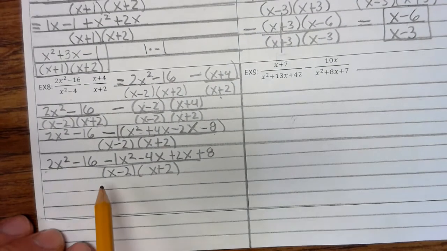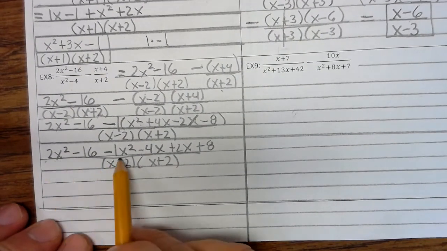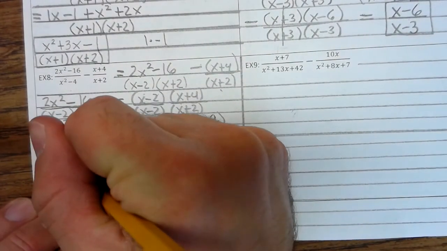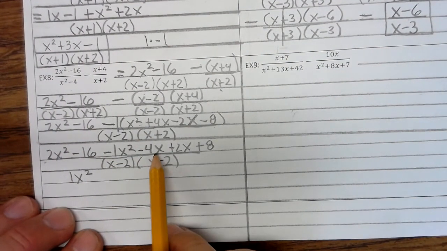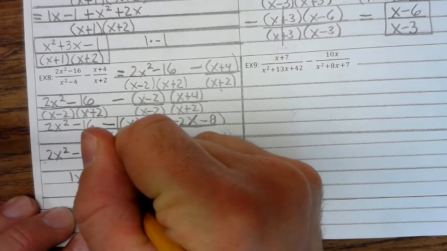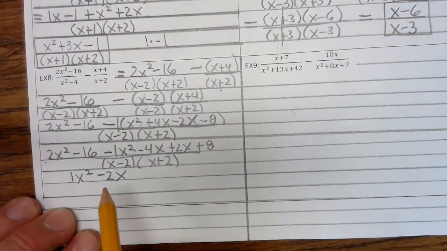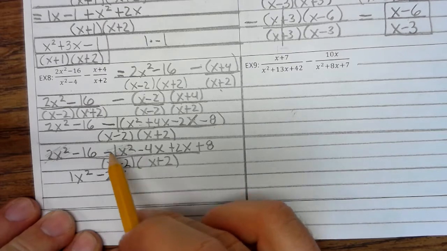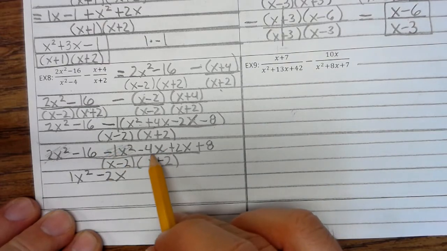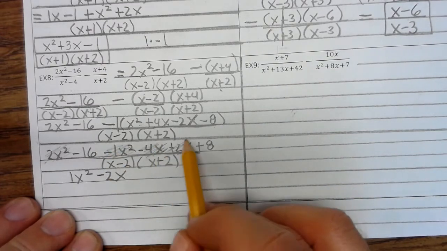So now we continue to simplify the numerator. 2x squared minus 1x squared is 1x squared. Now we look at the x's. Negative 4x plus 2x is a negative 2x. Sometimes as I'm simplifying, I mark out the terms I've already used so it's easier to see.